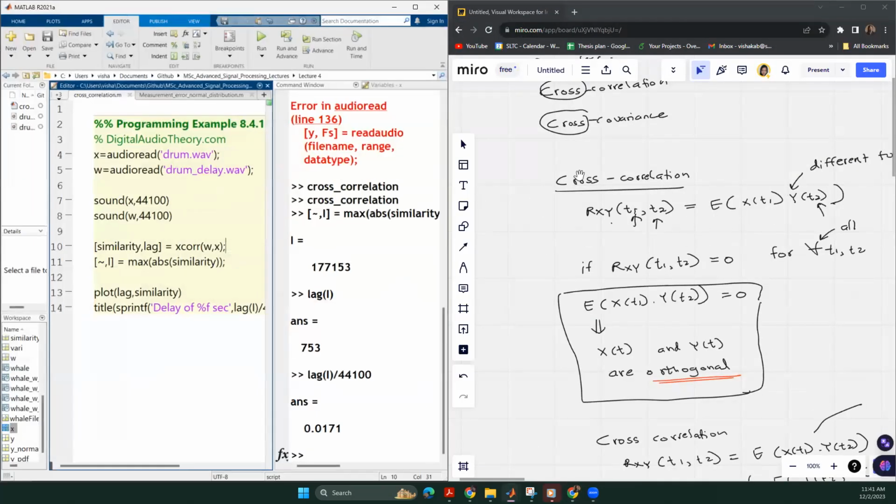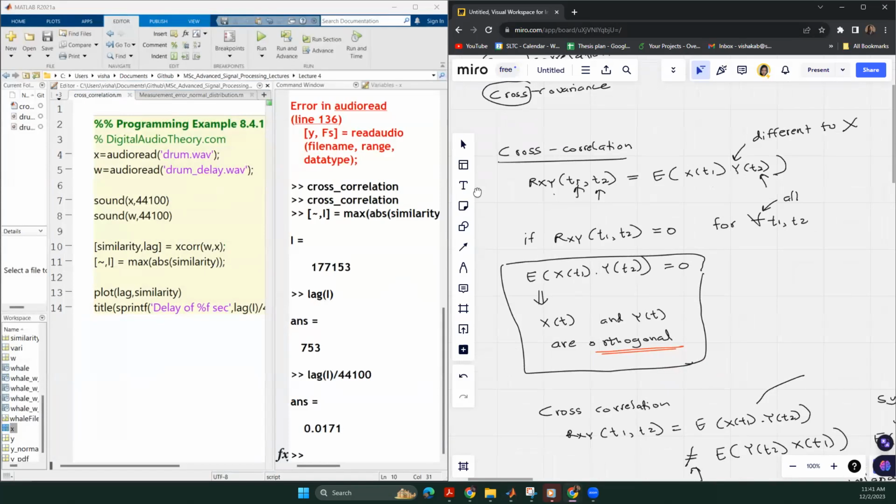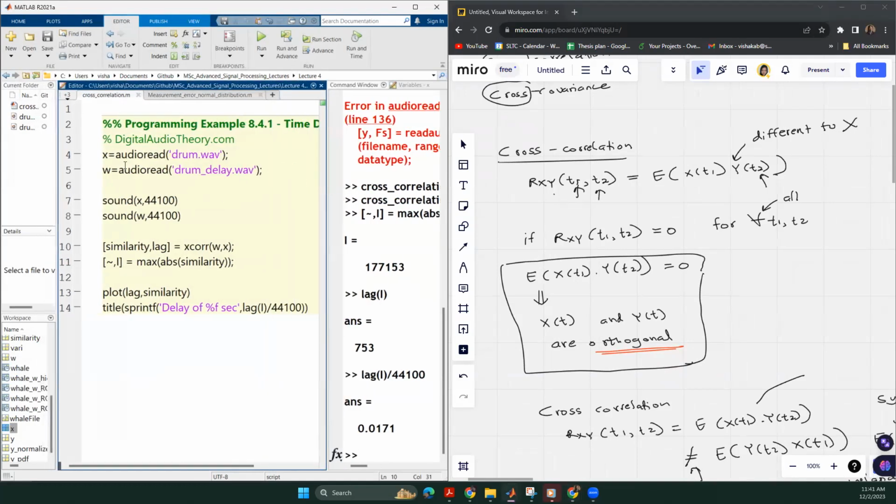Cross correlation is the function that defines similarity between two signals X and Y. In this MATLAB simulation, I'm going to discuss the comparison between the X and Y signals. The X signal corresponds to an audio signal that I obtain at a certain time instance, and there is another signal obtained at the same time instance.